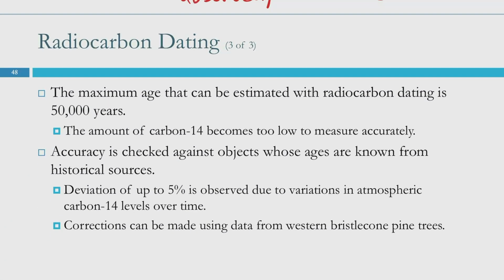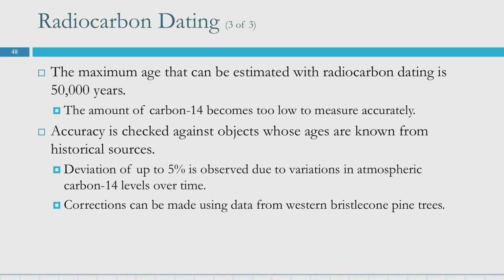The approximate maximum age that can be estimated with radiocarbon dating that's usually cited is 50,000 years. I don't have any evidence to dispute that number of years. Basically, it's something like 9 half-lives. Let's get a better number.